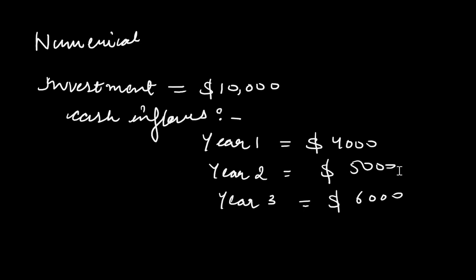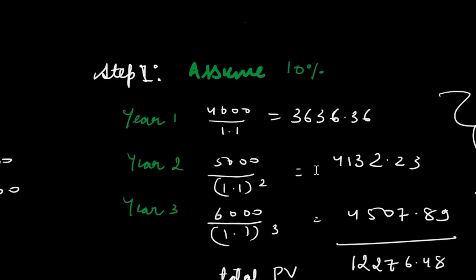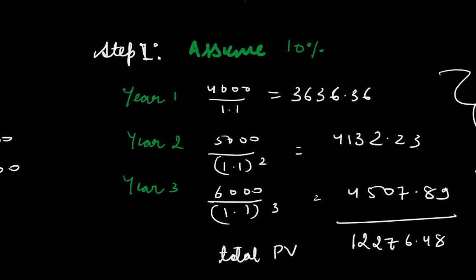For that, you can take any discount rate, you have to assume. Okay, so we are beginning with a discount rate of 10%. Now here you have to do the calculations. Firstly, we have to calculate the present value for all the years.